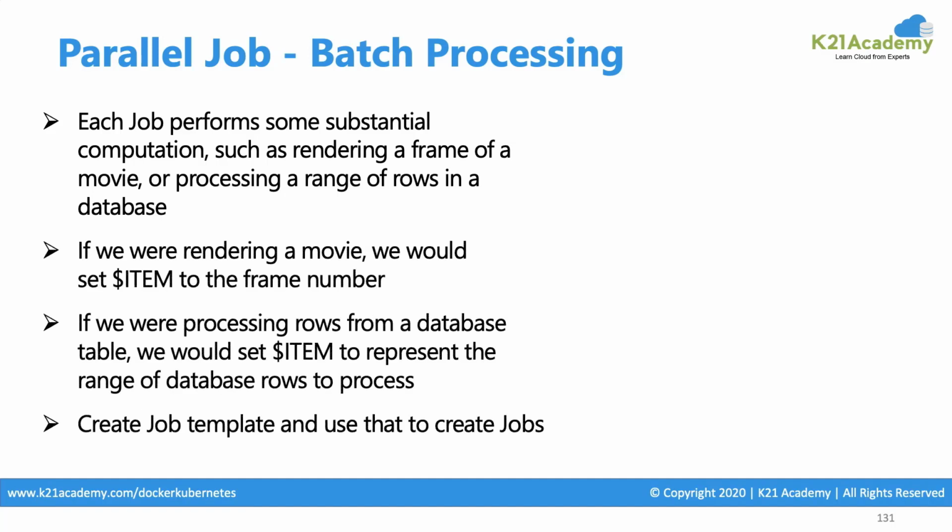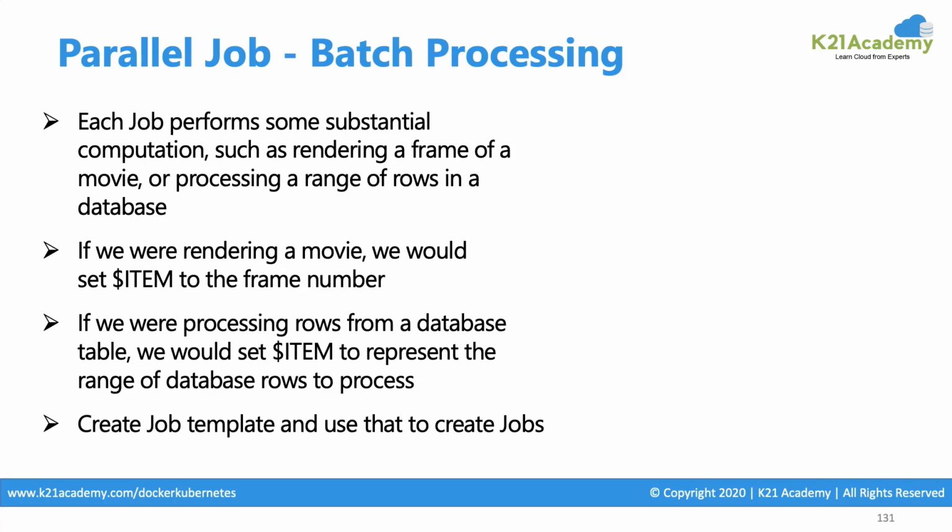So in such cases, we have something called an item, a variable component. Whether we are rendering a movie or processing a row of the database, the $item is like a variable which we want to process. That's the actual thing which has to be processed using the jobs.